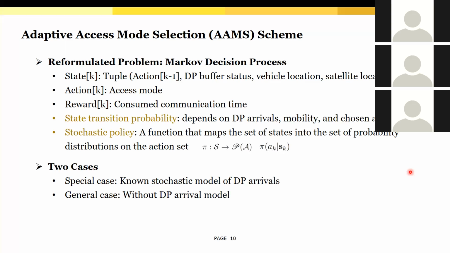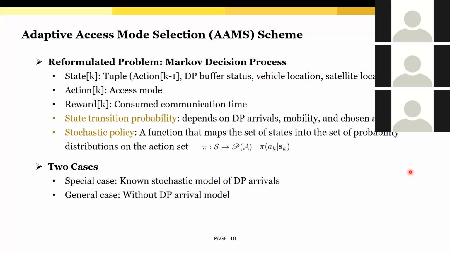For the second case, the controller can be deployed at each user, and all users will distributedly decide their access mode. In this case, base stations may tell these users where the vehicle is and what the satellite location is.